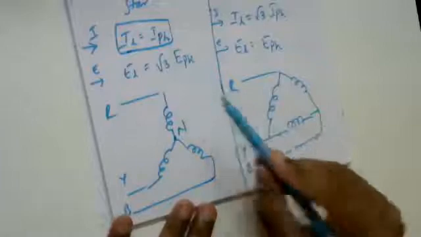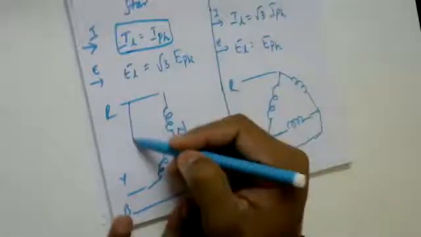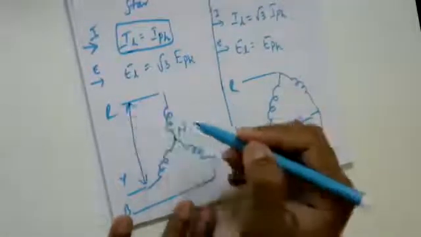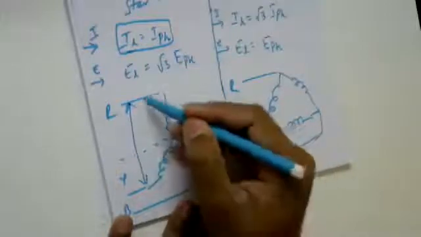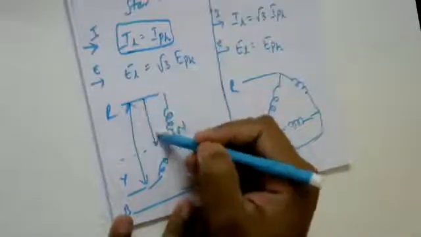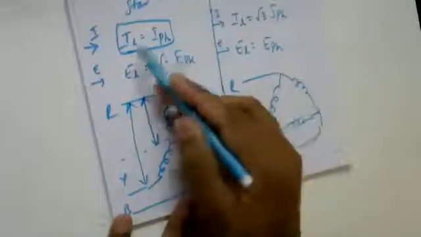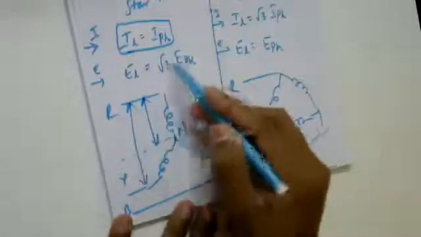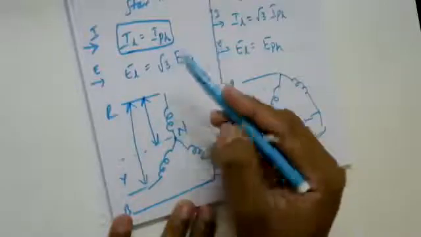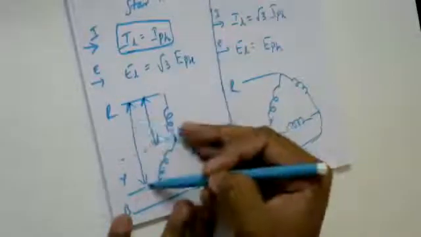In star, you are getting the line voltage and the phase voltage, just because you can measure the voltage between any two phases, and also you can measure the voltage between any one of the phases and neutral. I hope my statement is clear to you. You are getting two voltages over here for a simple reason. But since in delta the neutral point does not exist, there is only one kind of voltage, that is the voltage between any two phases.